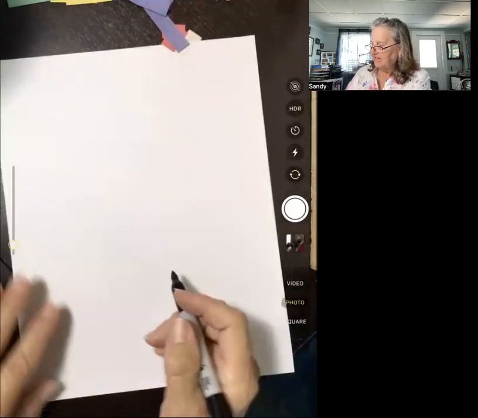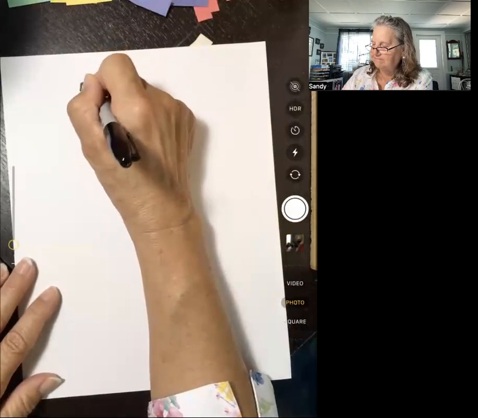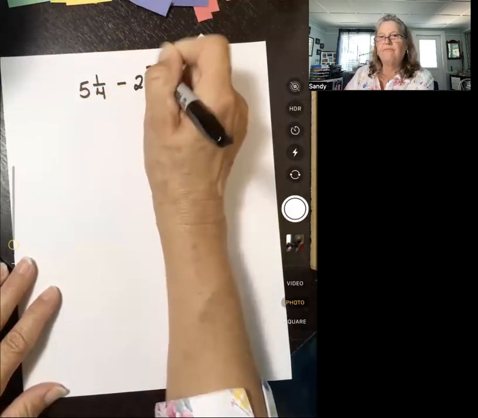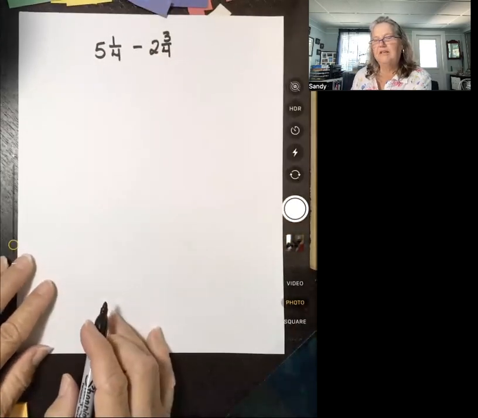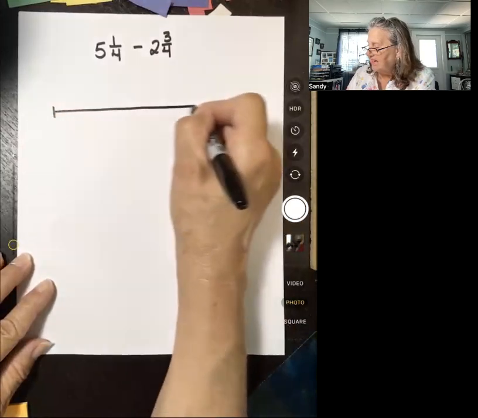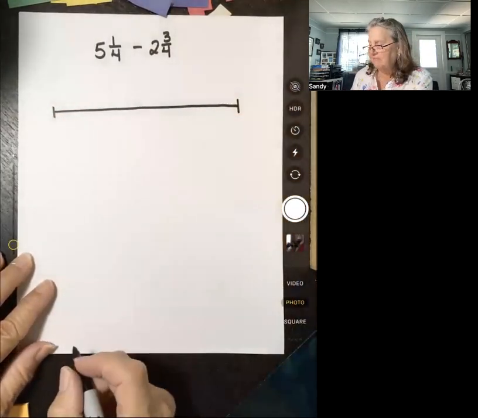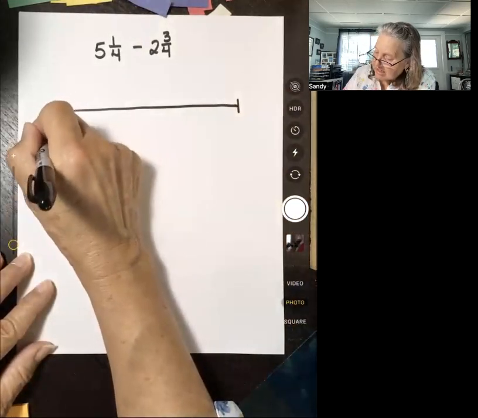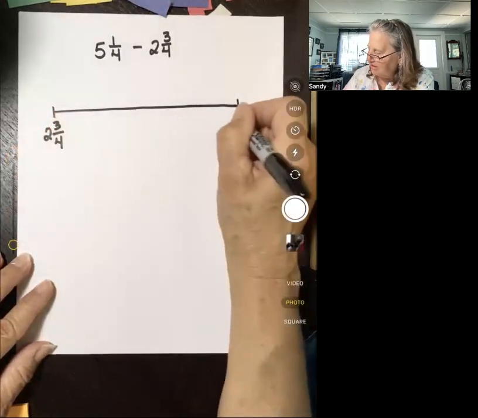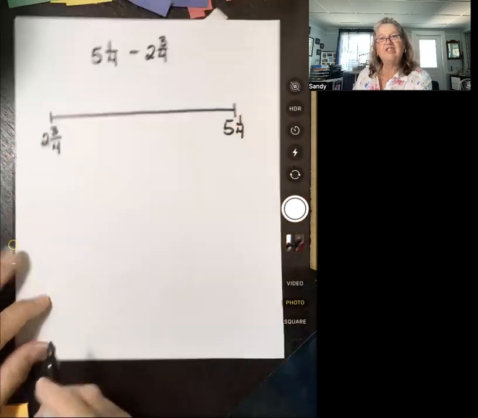Let's do a different way to count up. I'm going to stick with the same problem. But this time, instead of actually using that fraction kit model, I'm going to use a number line model. And your children may be seeing what's called open number lines, which really is just a segment of the number line. We don't have to start at 0.